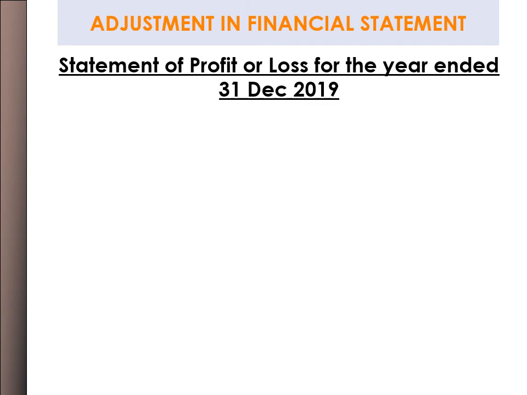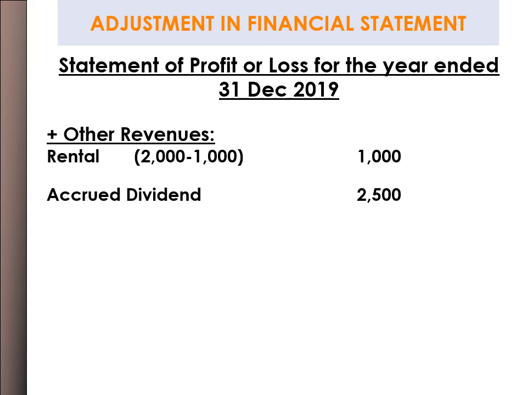So your adjustment in the financial statement using the 4 examples that I described previously. So you have a rental, other revenues, the rental 2,000 ringgit, and you must deduct 1,000 ringgit because you have an advance payment of the rental for January 2020.